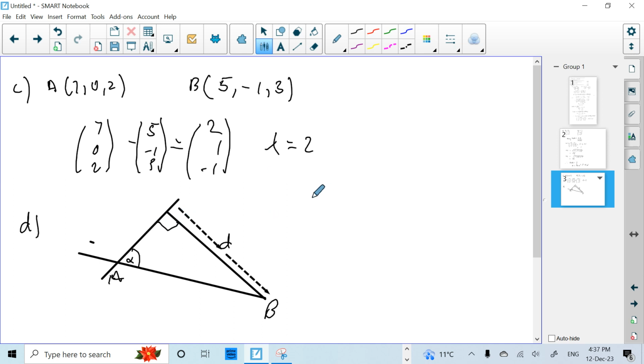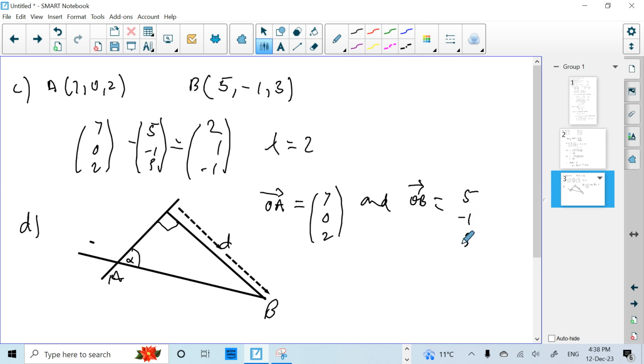Now, vector OA is equal to 7, 0, 2, and OB is equal to 5, minus 1 and 3.